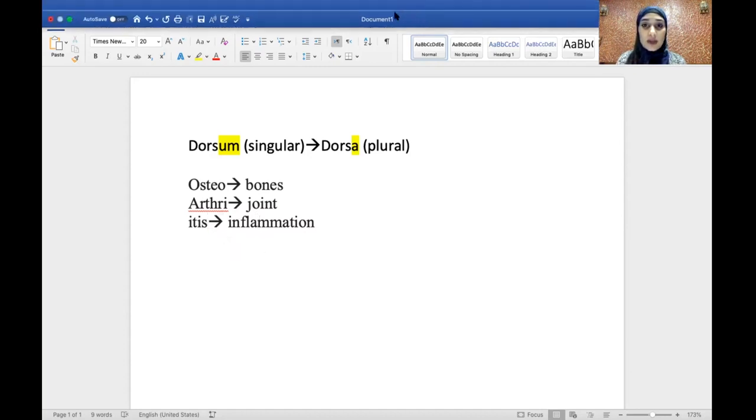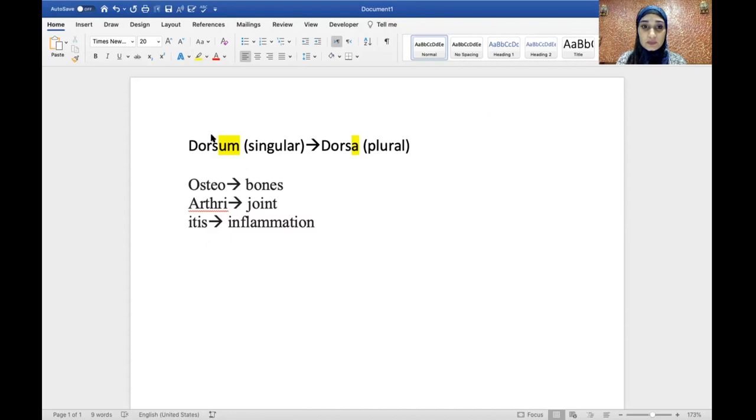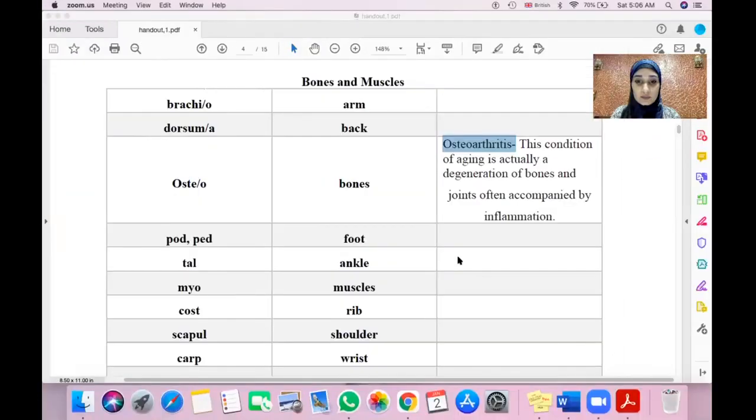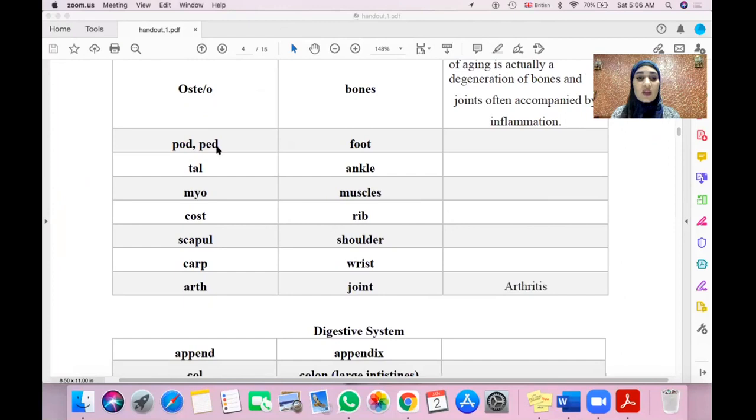So let's go back. Pod or ped, foot; tal, ankle; myo, muscles; cost, rib; scapul, shoulder; carp, wrist; arth, joint, or arthr, like the word that we said before, arthritis.